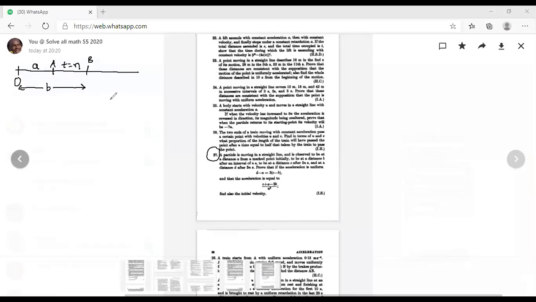To be a distance small c after 2n seconds. It is at position C, and it has now covered a distance of small c. How much time has it taken? From here up to there, the time is 2n.